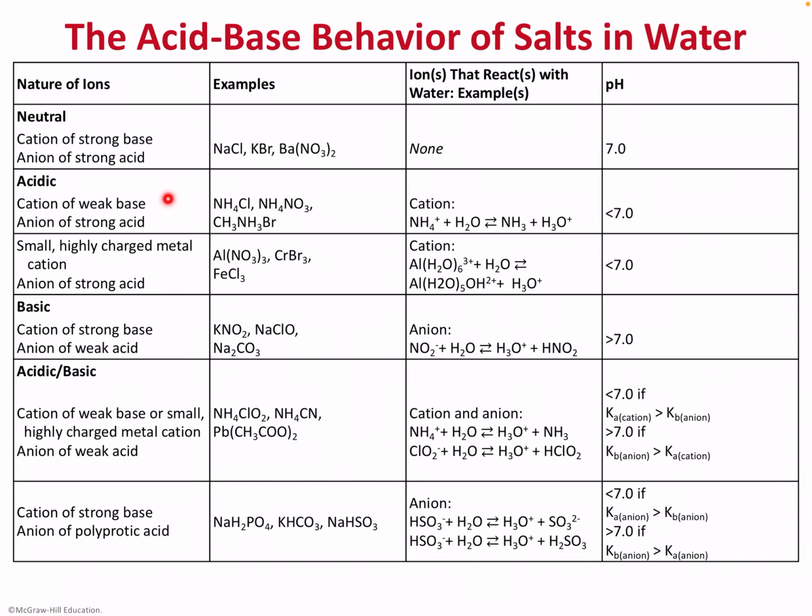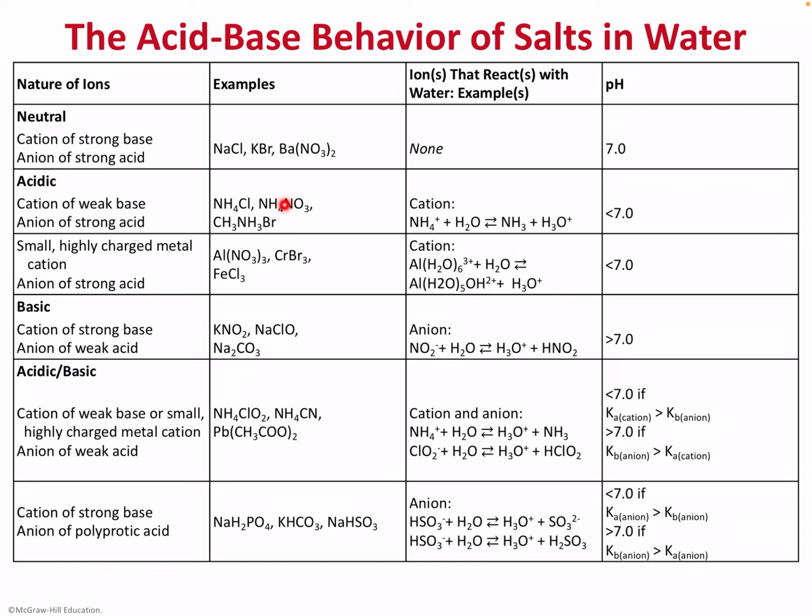These ions will produce an acidic solution: the cation of a weak base, like ammonium chloride, ammonium nitrate, methylamine bromide. This ammonium ion in all of these is the cation of a weak base, ammonia, and it combines with the anion of a strong acid: chloride, nitrate, bromide.